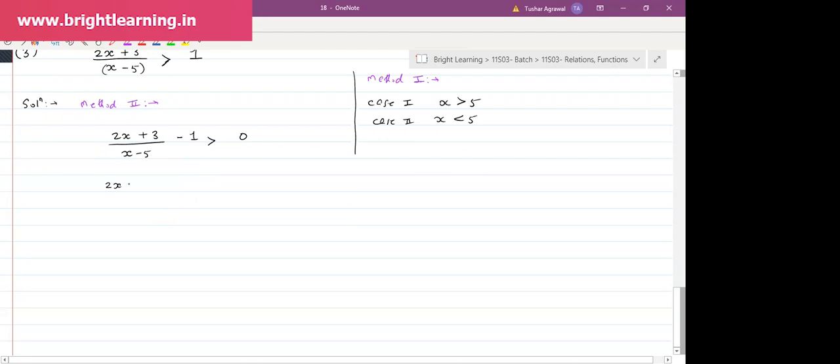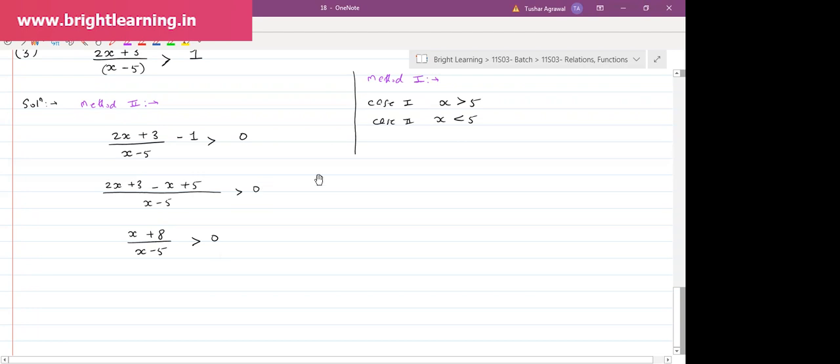And now 2x plus 3 minus, I'm just simplifying it, upon x minus 5. So this becomes minus of x minus 5, so minus x plus 5 greater than 0. Now simplification gives x plus 8 upon x minus 5 greater than 0.